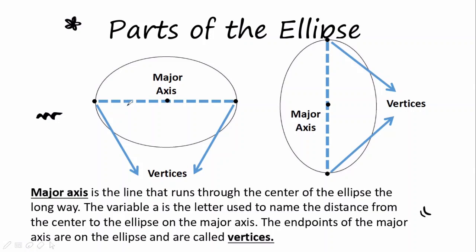So major axis can be denoted as 2a. Always remember that, 2a. So when we say 2a, that's the length of the major axis, or the distance between the vertices. And vertices is the plural form of vertex.